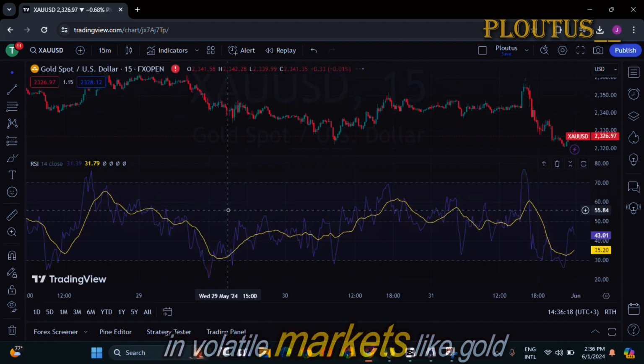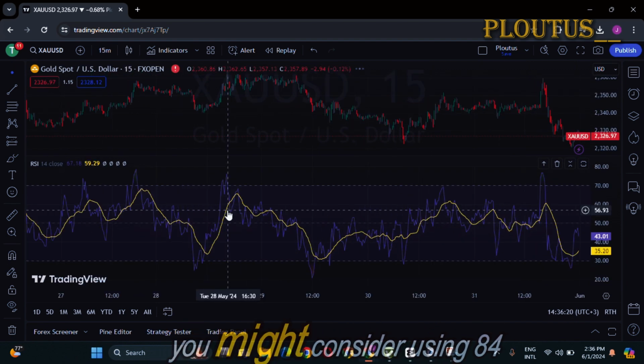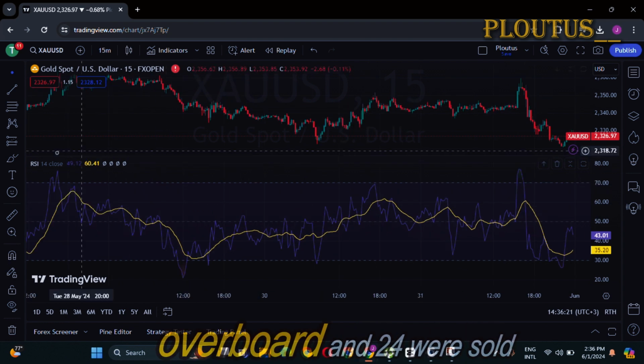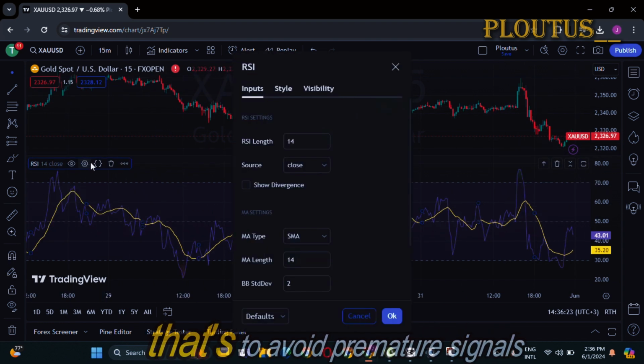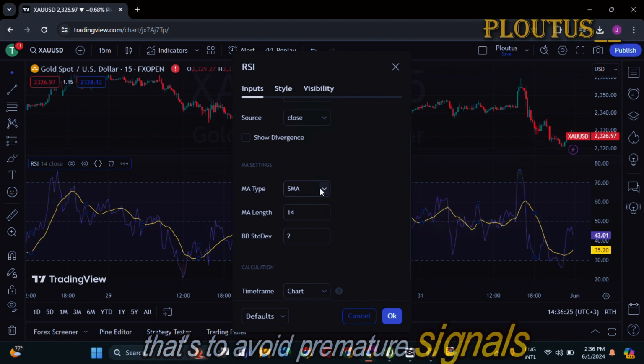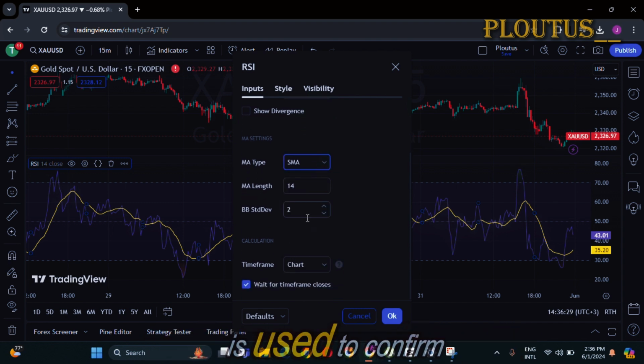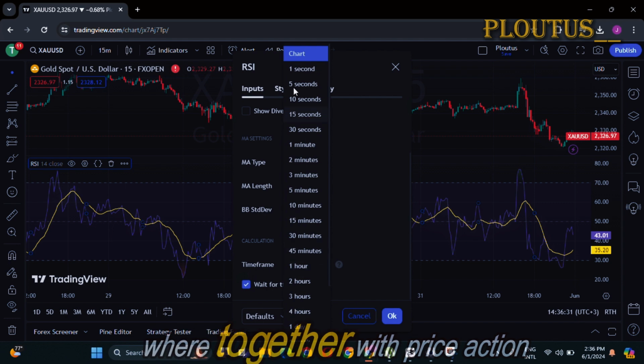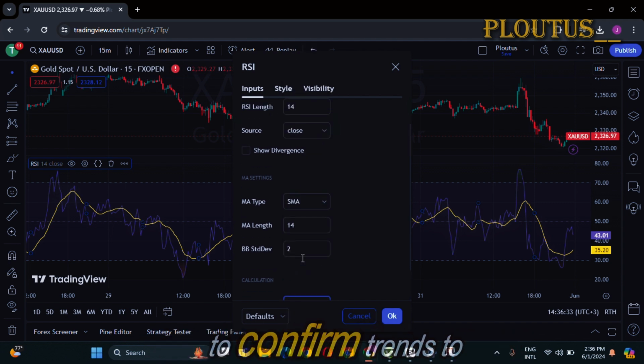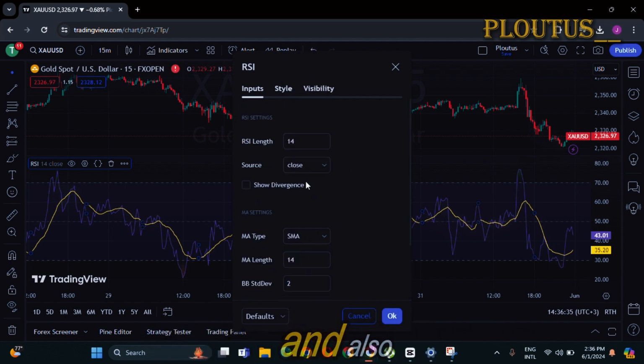However, in volatile markets like gold, you might consider using 80 for overbought and 20 for oversold. That's to avoid premature signals. The relative strength index is used together with price action to confirm trends, and also it can help you to avoid overtrading.